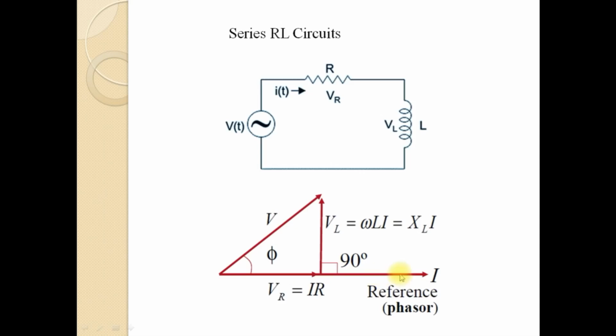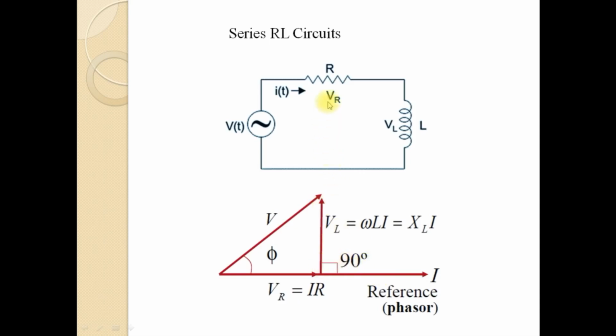So this is the reference direction and this is the phasor representing the drop across the inductor, which is given by VL. The phase difference between the drop across the inductor VL and I is 90 degrees, and here the voltage phasor is leading with respect to the current phasor by an angle of 90 degrees.